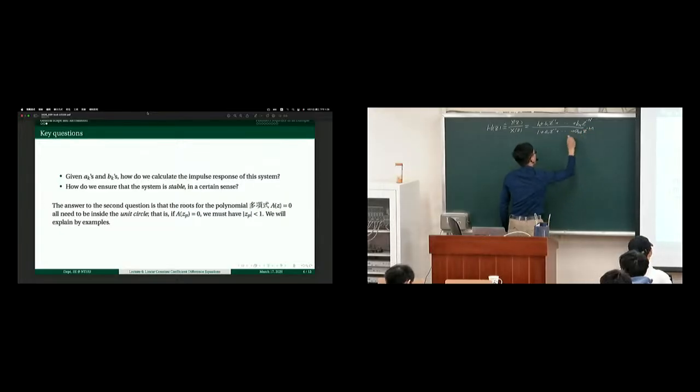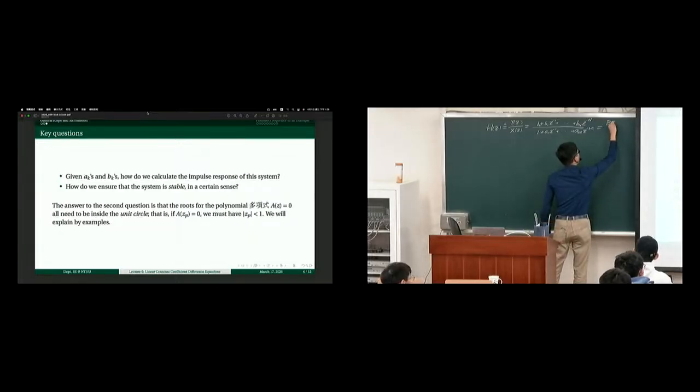So we have two polynomials, and we call what's on top B of z, and what's under there A of z. Okay, so that's our notation.